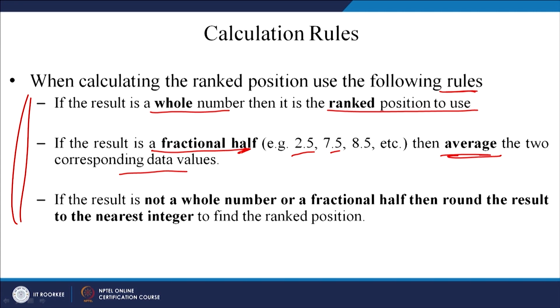If it is not a fractional half, any other number, then round it to the integer value towards the higher side, towards the positive side. So, this is how you can calculate these quartile positions.